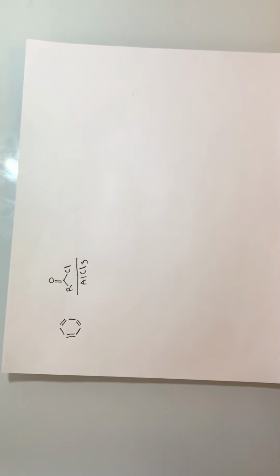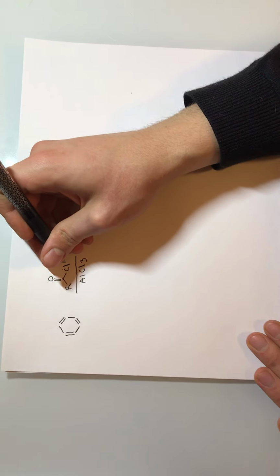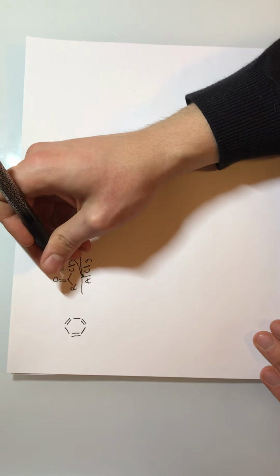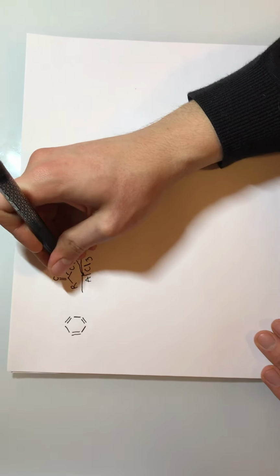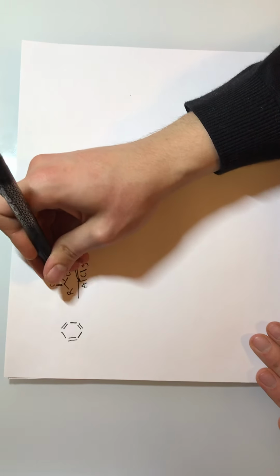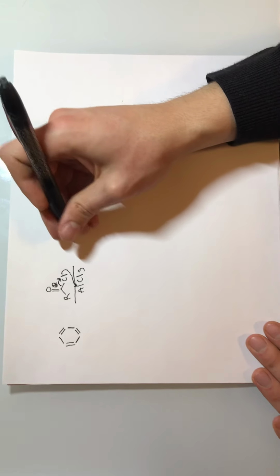All right, so the way that this reaction is going to work is you're going to have this Cl grab onto that aluminum right there, and then breaking this bond. So that is the first step. This will then become a carbocation.